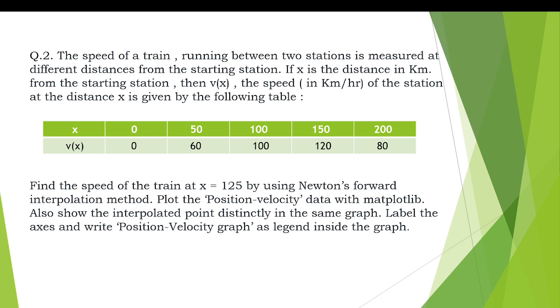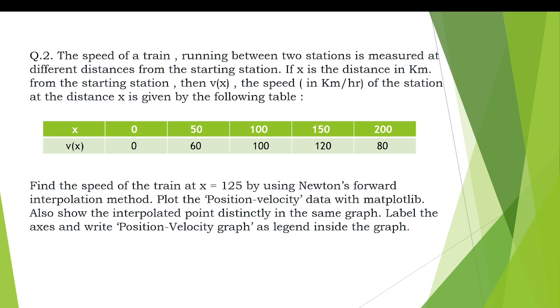The second question is almost the same. The second question says that the speed of a train running between two stations is measured at different distances from the starting station. If x is the distance in kilometers from the starting station, then Vx, the speed in kilometers per hour of the train at the distance x, is given by the following table.